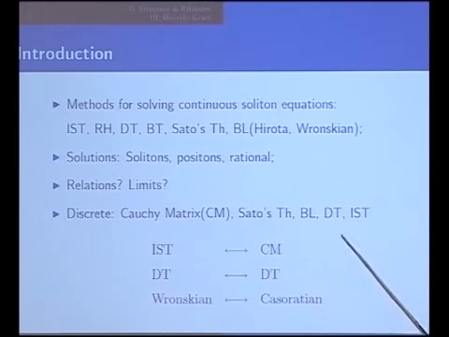The Cauchy matrix method is related somehow to the inverse scattering transform by the Cauchy matrix. The difference is that in IST, the Cauchy matrix is an expression for n solitons, and in the Cauchy matrix approach, it is a starting point.